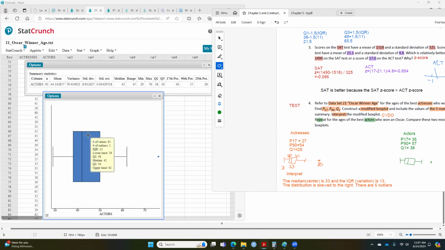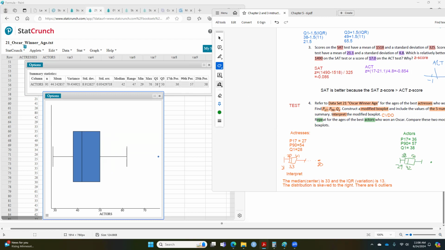Okay, so this is the actors box plot, but you do need to label your 5-number summary. Again, do not look at the yellow box in here. Make sure you refer to here. The minimum is 29. Your Q1 in this case is 38, which is right here, the opening of the box, the starting part of the box. The median is the middle line here, 42. Q3 in this case is 50, which is the end of the box here, not the end of the whiskers, just the end of the box.